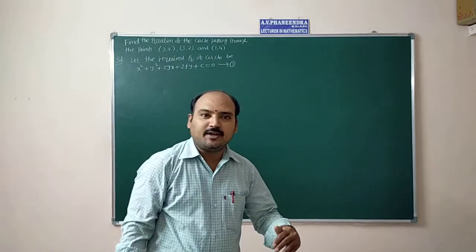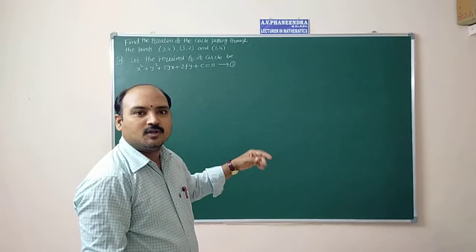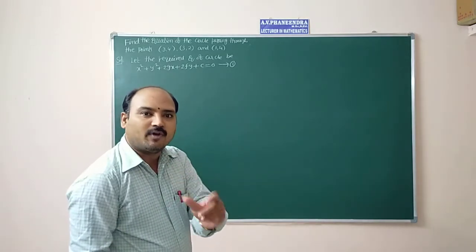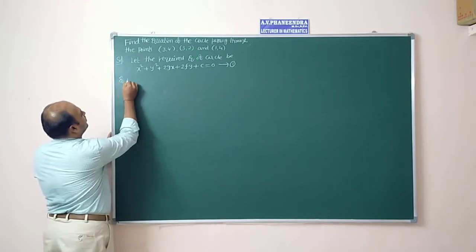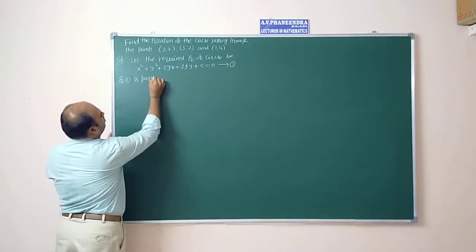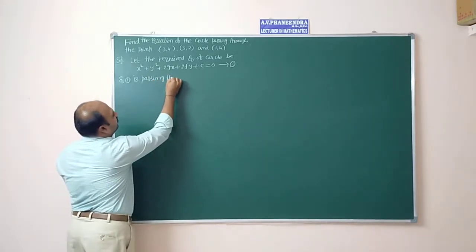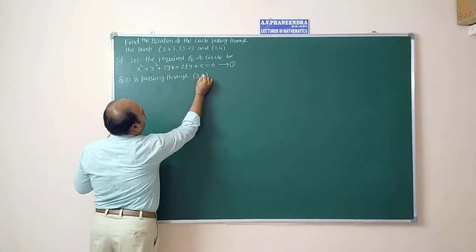This equation is passing through the first point, second point, third point. You have to substitute in place of x, y point by point. Equation 1 is passing through (3, 4).